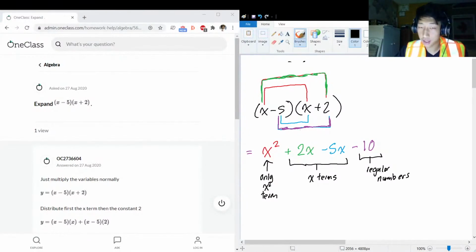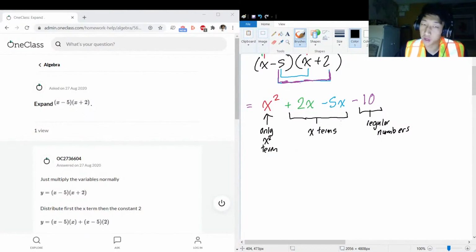So let's combine our like terms. In this case, our x terms are the only things that have more than one term. So that's just going to be x squared, 2x minus 5x. How many x's is that in total? We have 2, but we're taking away 5. That's negative 3 x's in total. So negative 3x.